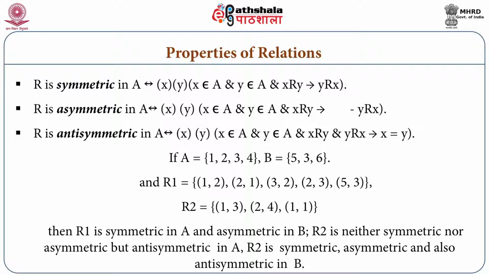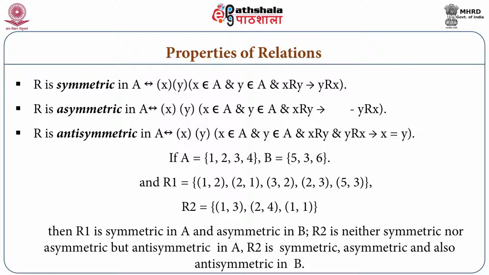In which case, when relation R1 is defined on set B, it becomes asymmetric. R2, if you look at it properly, is neither symmetric nor asymmetric, but antisymmetric in A. So also R2 is symmetric, asymmetric, and also antisymmetric in B. How do we define R2 on set B?